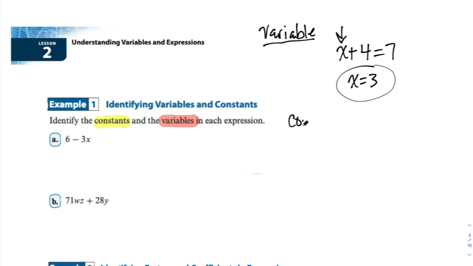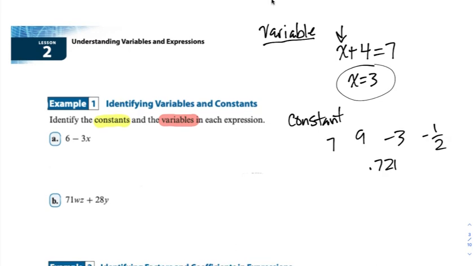A constant, as opposed to a variable, is just a number hanging out by itself. So 7 is a constant. 9 is a constant. -3, -1/2, 0.721. Anytime we have a number hanging out all alone by itself, not next to a variable, we know that it is a constant.